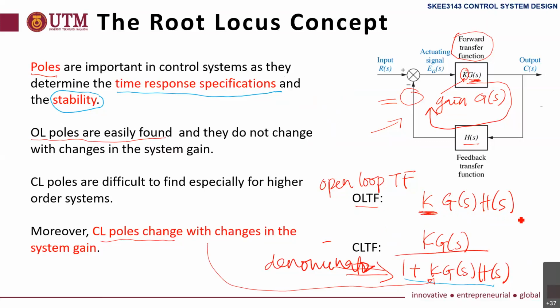So that is why root locus comes in, because the poles change with K. Now we want to see what happens if K changes. If I increase K, what happens to the poles? So we want to investigate.